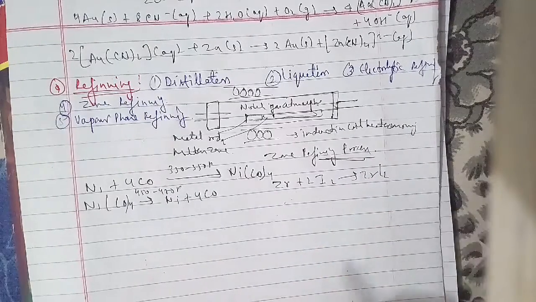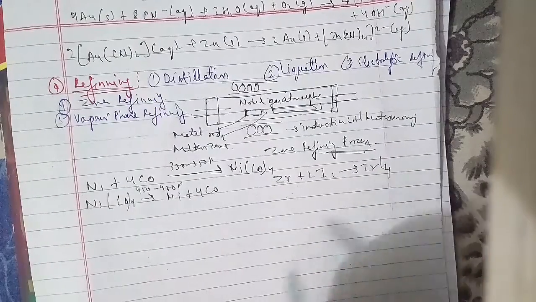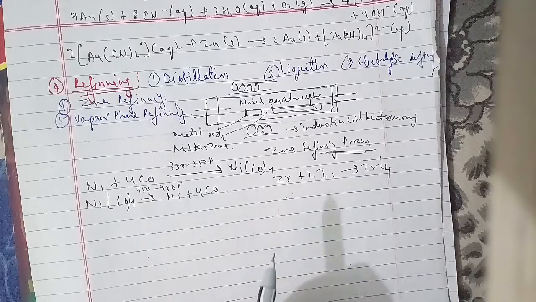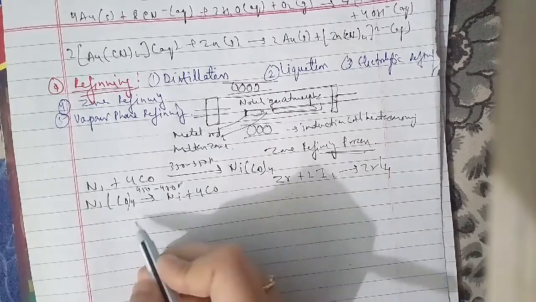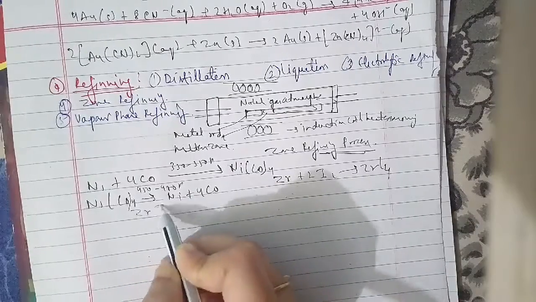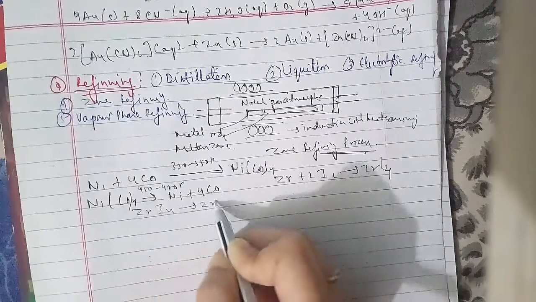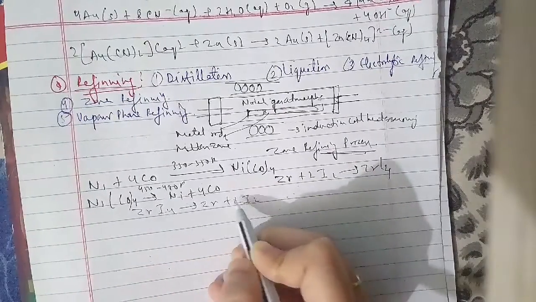This is an example of column chromatography, and it is very useful for purification of elements available in minute quantities, and where the impurities are not very different in chemical properties from the element to be purified. There are several chromatographic techniques such as paper chromatography, column chromatography, gas chromatography, etc.